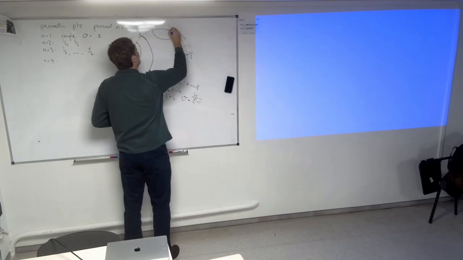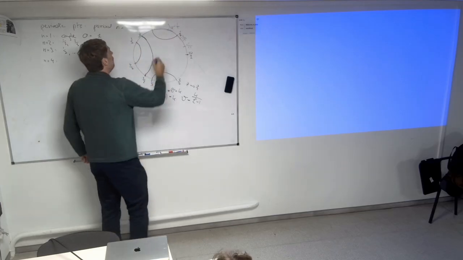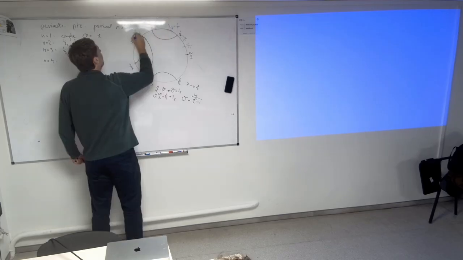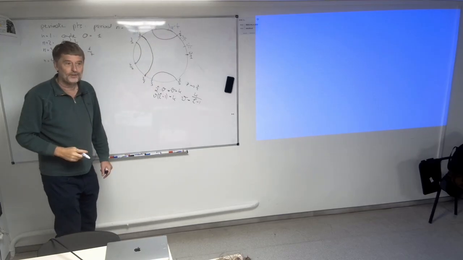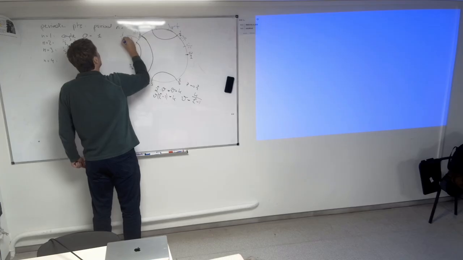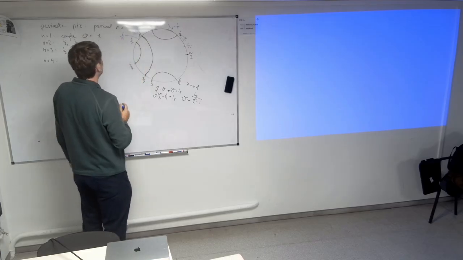So let me use perhaps a different color. 1 over 15, 2 over 15, 3 over 15. 3 over 15 is 1/5, but it doesn't matter. 4 over 15 is here. 4 over 15 is 1/3, and we had it before, so we don't use it again.